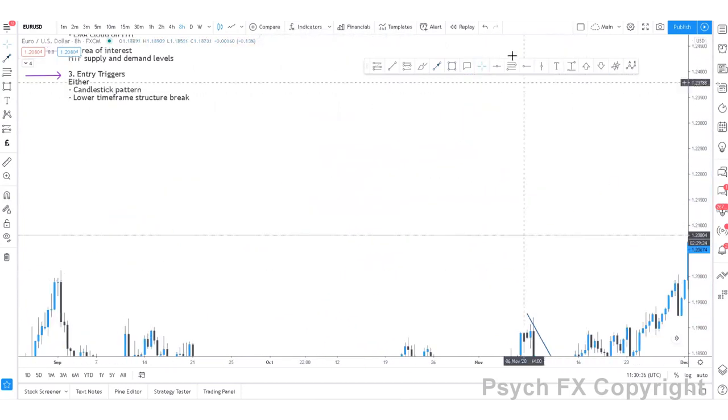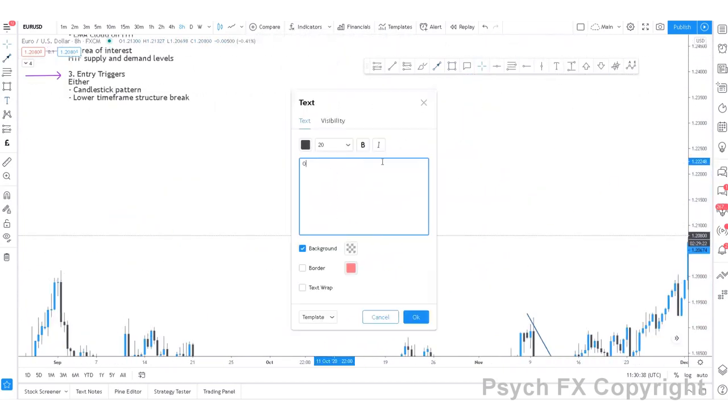And so basically that would mean that you would only look for drop base rally in bullish trends, only look for rally base drop in bearish trends.